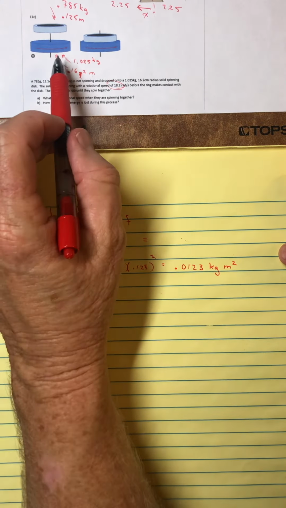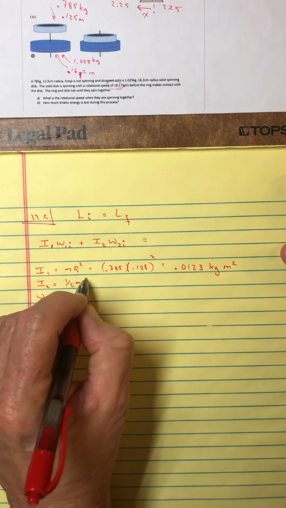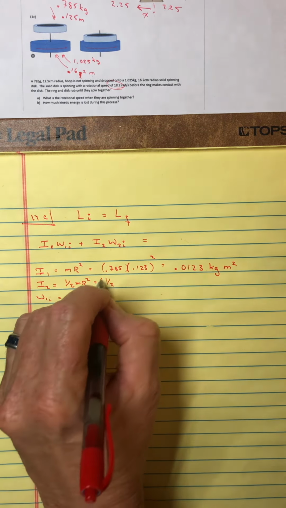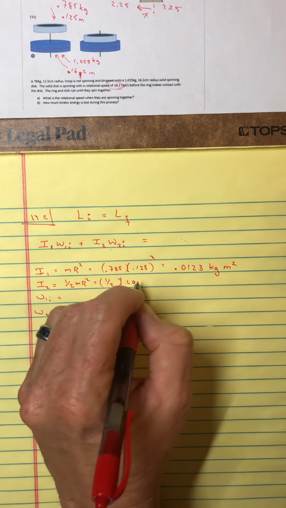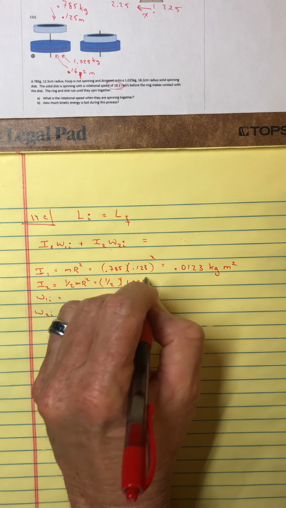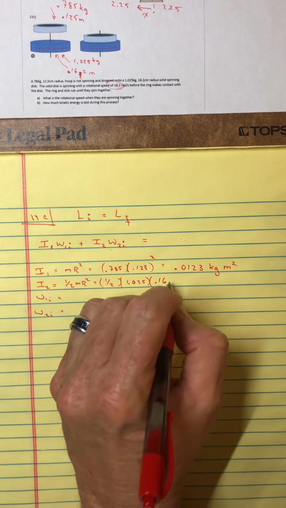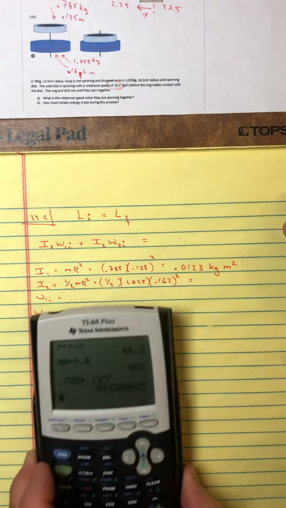Now the second object, the disk, if we look in that table, has a 1/2 mr squared. So I'll put a 1/2. Its mass, as we were given straight up in kilograms, no real conversion there. But the radius, I'll convert into meters.